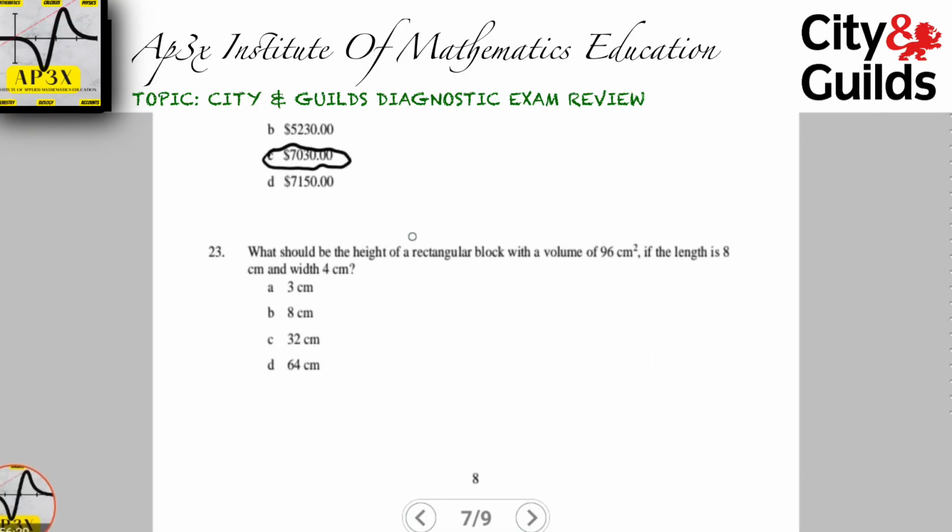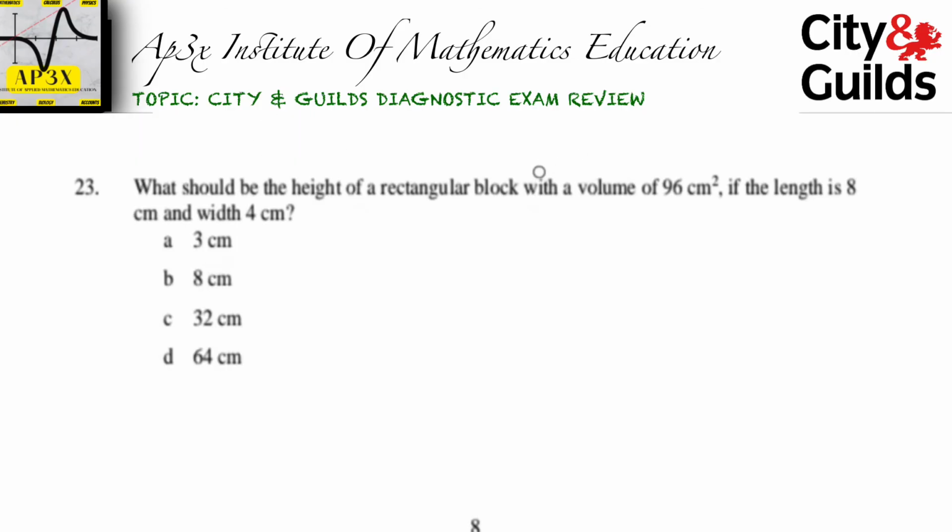What should be the height of a rectangular block with a volume of 96 square centimeters if the length is 8 and the width is 4? Let's draw a rectangular block. Okay, a rectangular block is different from a rectangle. So what we're looking at here is this particular type of prism.